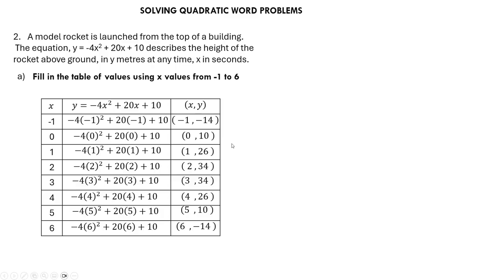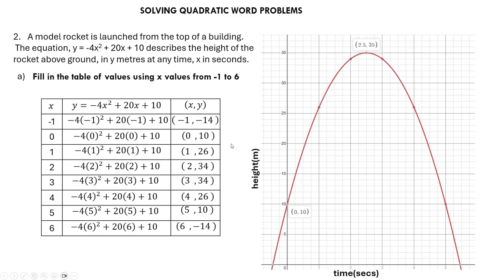When we plug these coordinates in, we'll get a graph that looks something like this. Notice that we have a negative sign in front of the x squared coefficient. So once again, we get this sad face shape opening downwards.